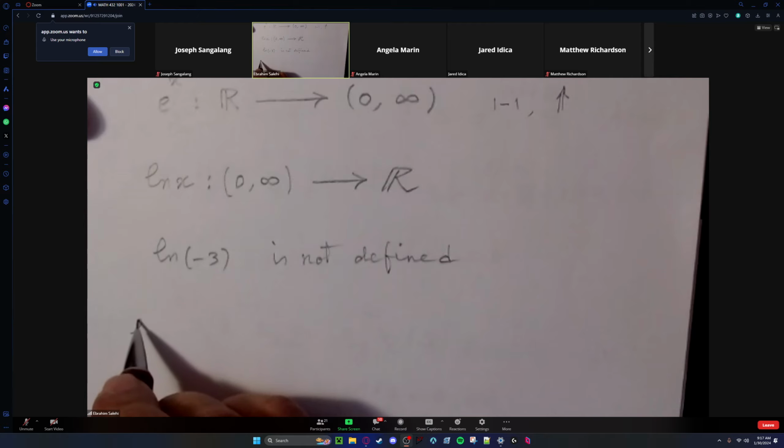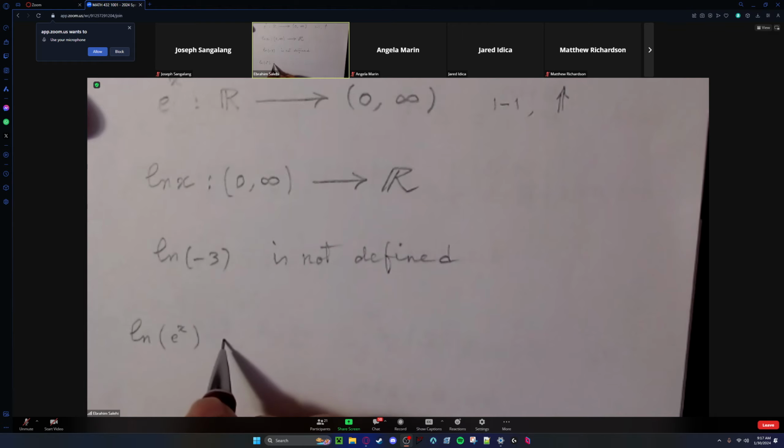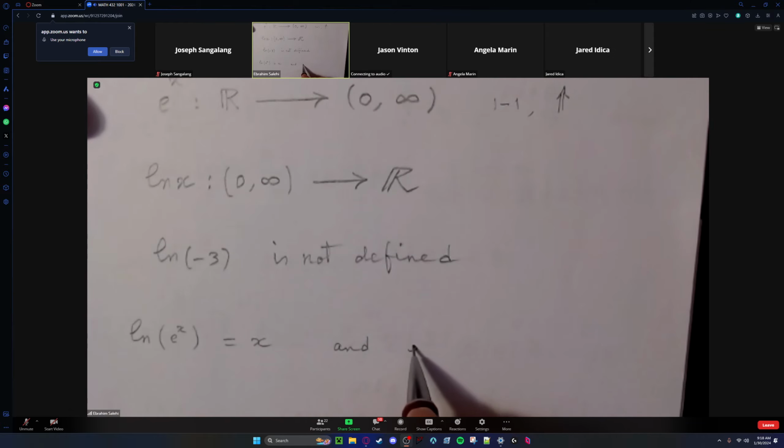For example, log of e to the x is x, and e to the log x is also x.